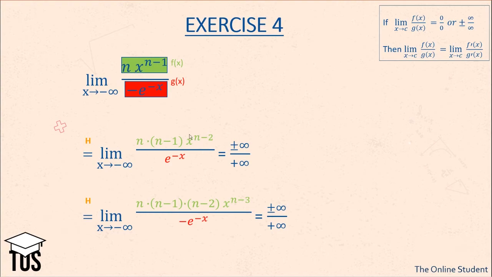The derivative of the numerator is now n times n minus 1 times n minus 2 times x to the power of n minus 3. The derivative of the denominator is minus e to the power of minus x. If we now fill in minus infinity, we still get a fraction of infinity divided by infinity.